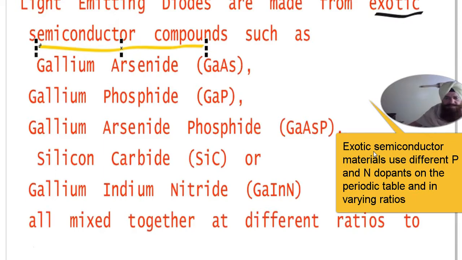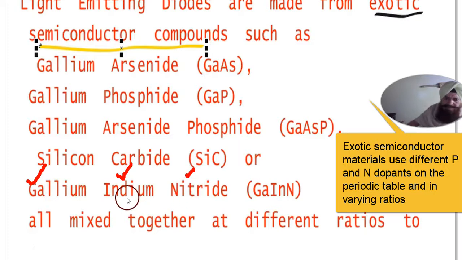We use different types of semiconductor compounds, like gallium phosphide, silicon carbide, and gallium indium nitride, like that. And it also depends on the ratio of each, like the ratio of gallium, the ratio of indium, the ratio of the nitride.